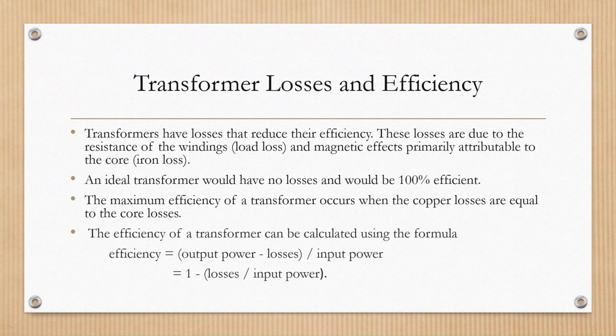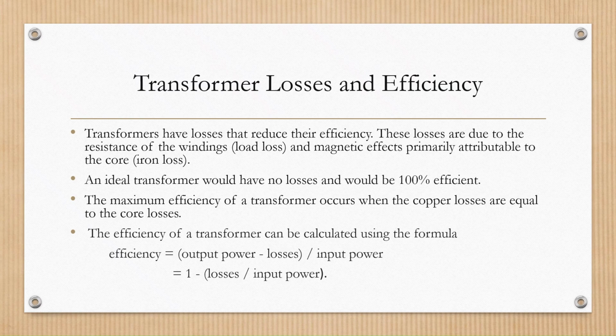Transformers have losses that reduce their efficiency. These losses are due to the resistance of the windings, load loss, and magnetic effects primarily attributable to the core, iron loss. An ideal transformer would have no losses and would be 100% efficient.